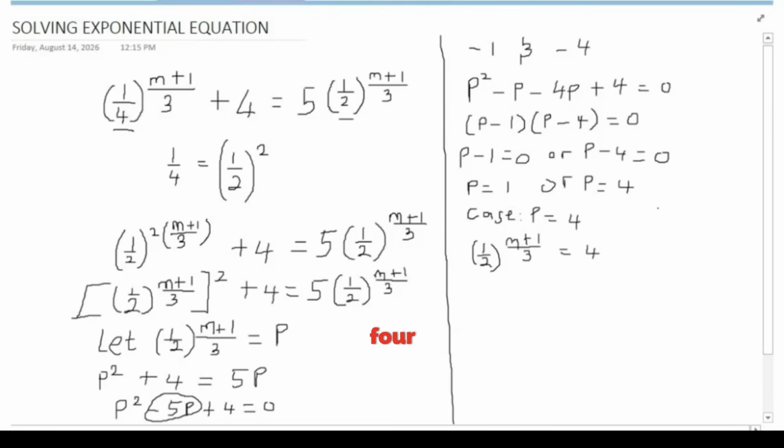So we know that 4 is the same thing as writing 2 raised to power 2. And also 2 is the reciprocal of 1 over 2. I want us to take note of that. So we can write 4 as 1 over 2 raised to power minus 2.